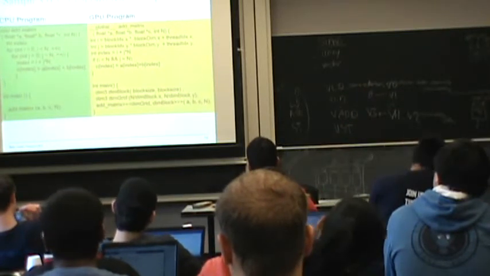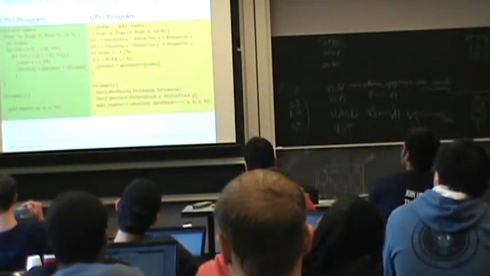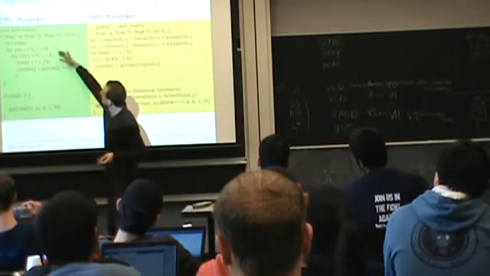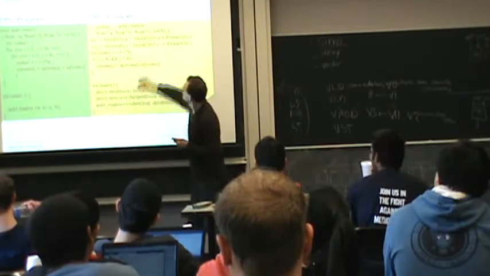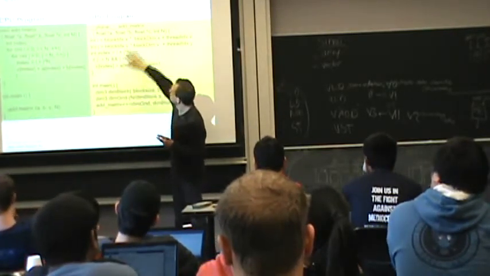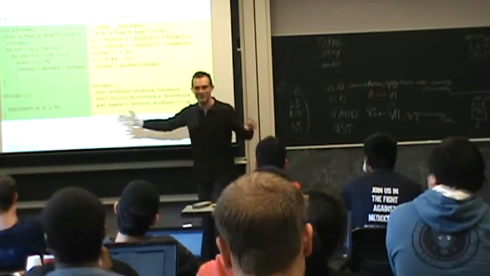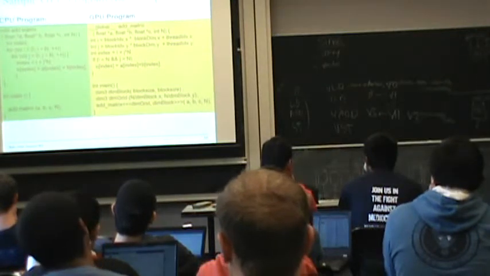If this is a CPU program, I guess this is adding two matrices together. This is a GPU program adding two matrices together. The kernel is the same. There's some additional thing that distributes the indices to different threads, but you don't really need to know about it for the purposes of this course.